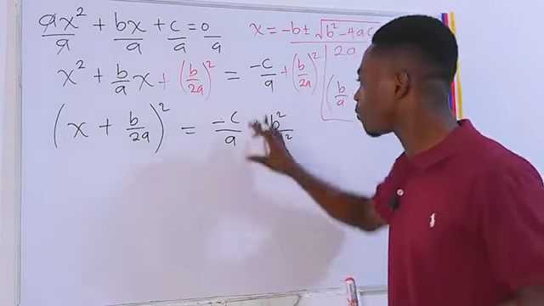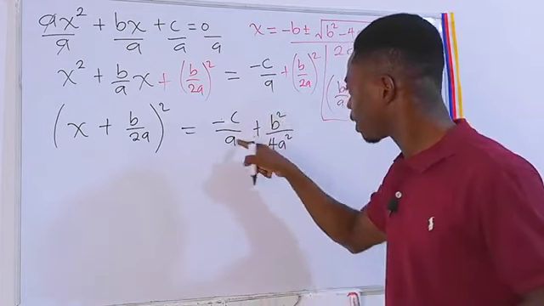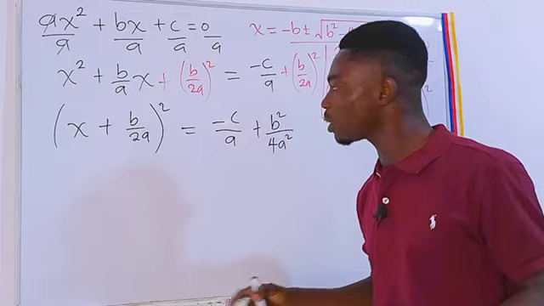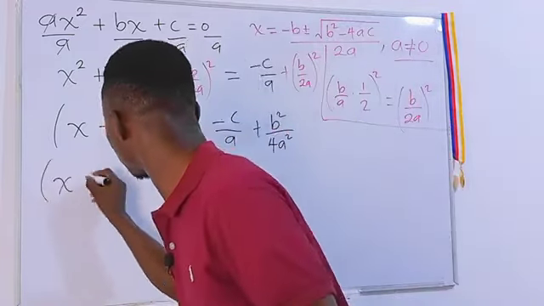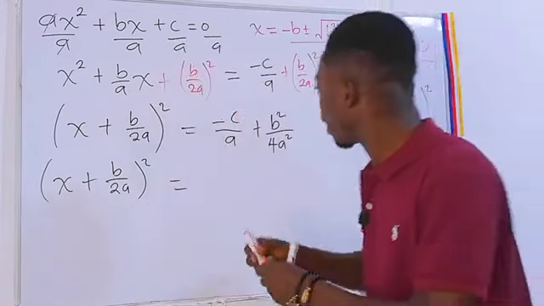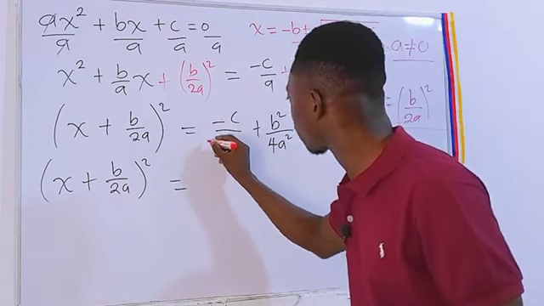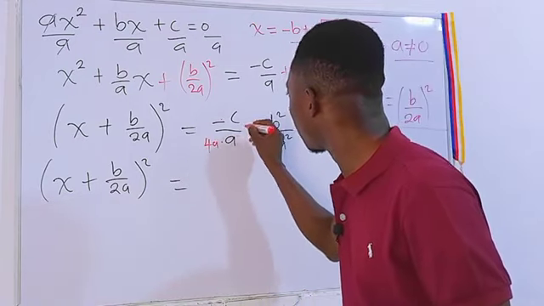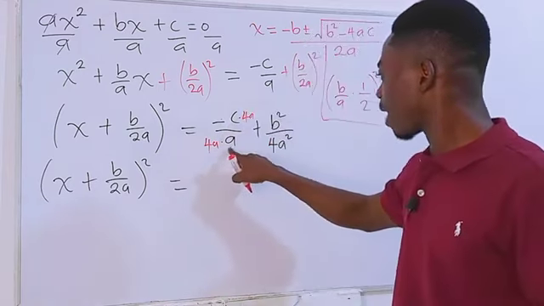Now we have two separate fractions. We can easily combine them if their denominators are the same. So what I will do is that I'll just keep the left hand side of the equation. Now that I'm done with the left hand side, we have to make sure their denominators are the same. So I will just have to multiply this one by 4a and then this one also by 4a. 4a times a is 4a squared.